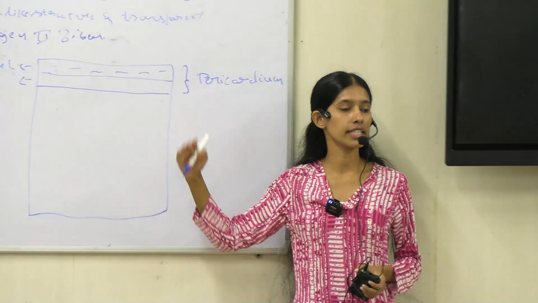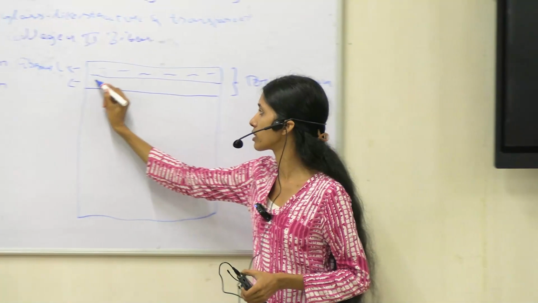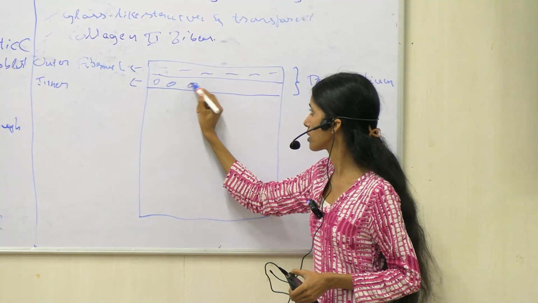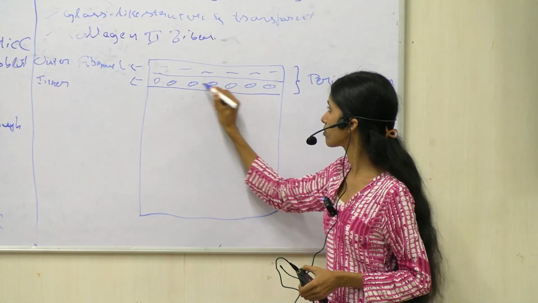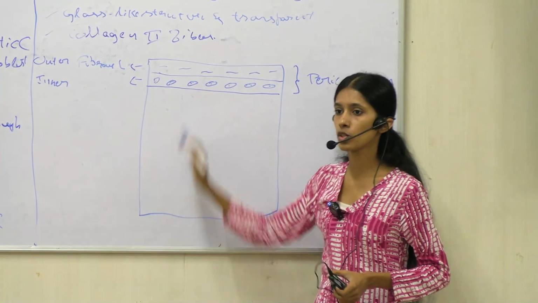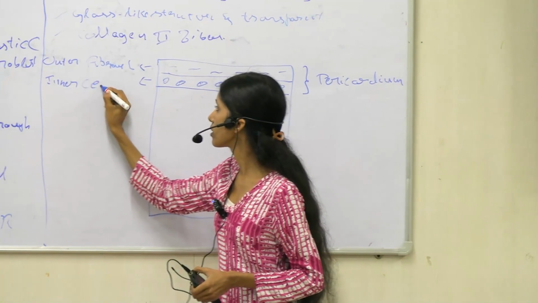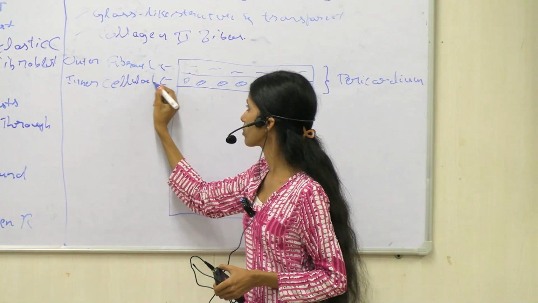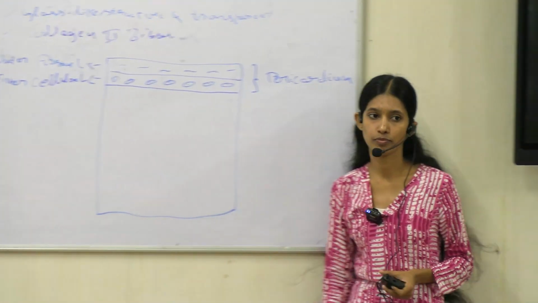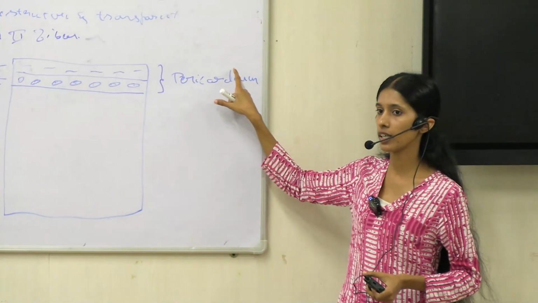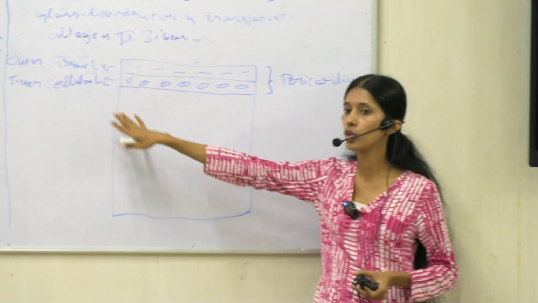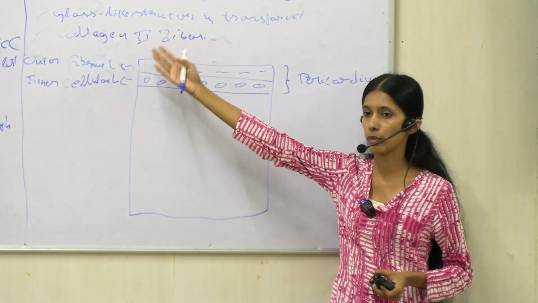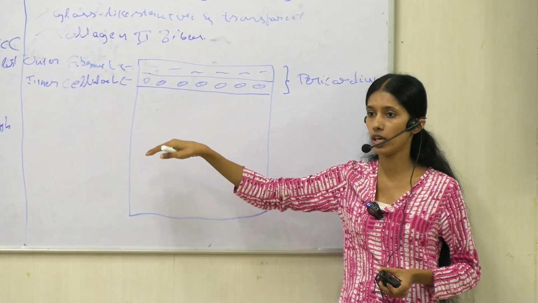And in the inner layer part we can see the presence of small cells like this. So this layer is called inner cellular layer. The entire perichondrium is divided into two parts, outer fibrous layer and inner cellular layer.